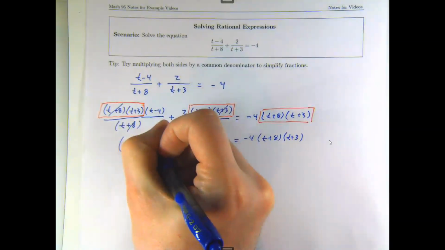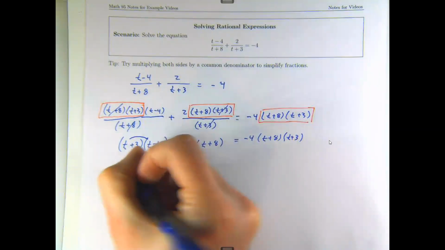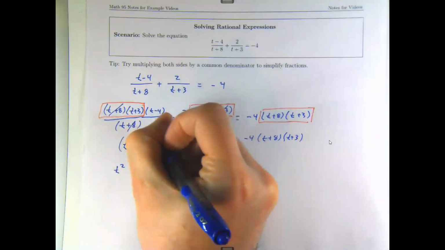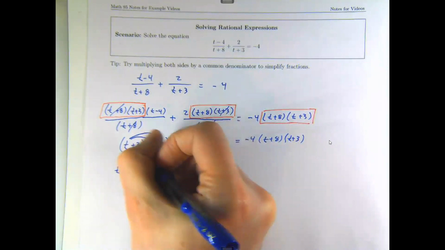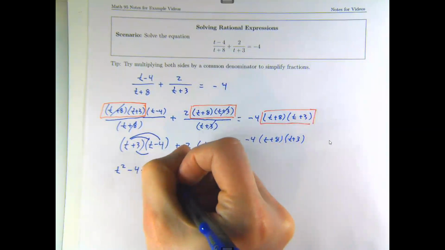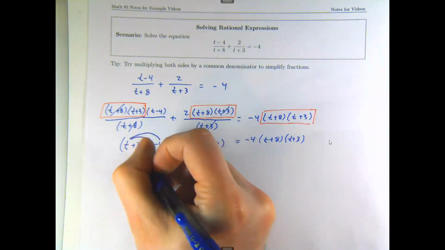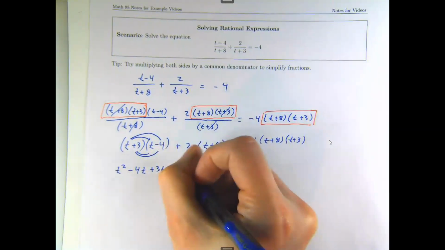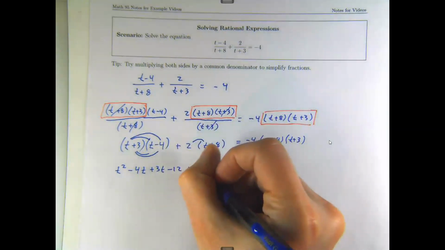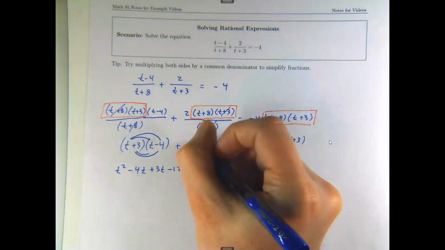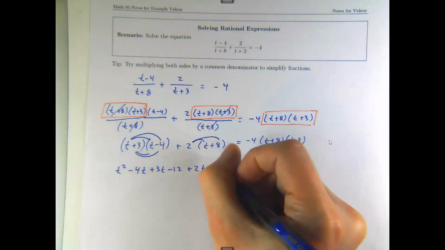So I'm doing t times t, t squared. T times negative 4, that's negative 4t. 3 times t, 3t. 3 times negative 4, negative 12. I've got 2 times t, that's 2t. I've got 2 times 8, that's 16.